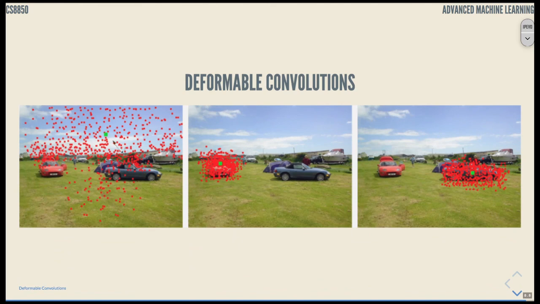I guess this one is recognizing either the scenery or just the sky. This one is recognizing a red car, and this one is recognizing the blue car. So that's where the control network decided to put all of the samples of the filter.